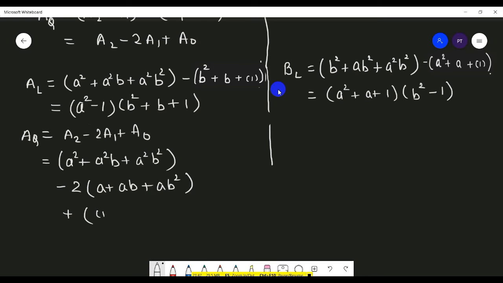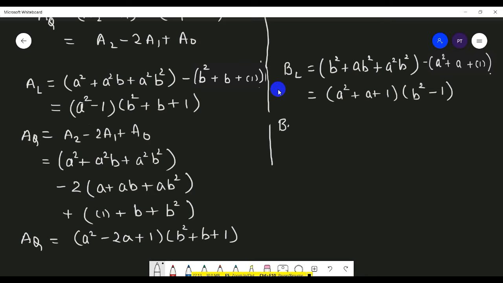So we have 1 plus b plus b square. This, if we simplify, becomes algebraically equal to a square minus 2a plus 1 into b square plus b plus 1.